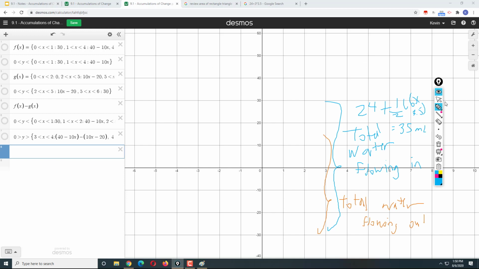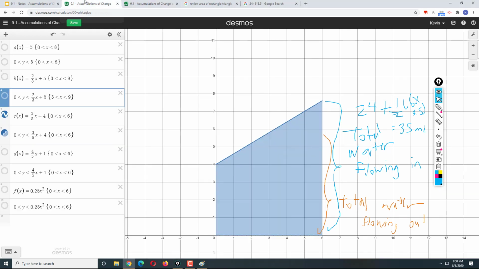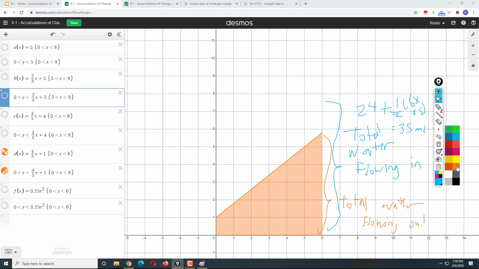Next, the water flowing out, the orange part. With the orange part, the area of the rectangle is 1 times 6, which is 6.